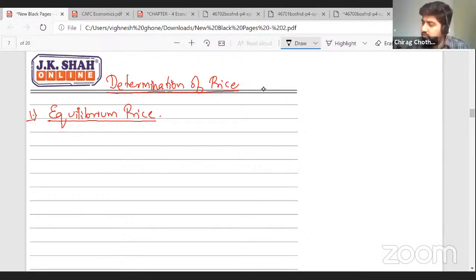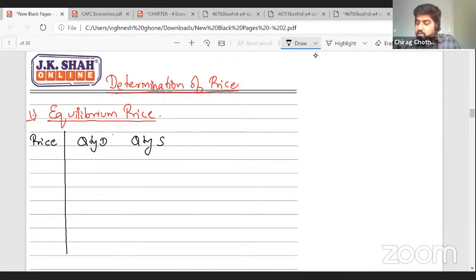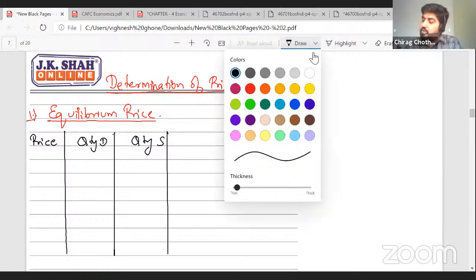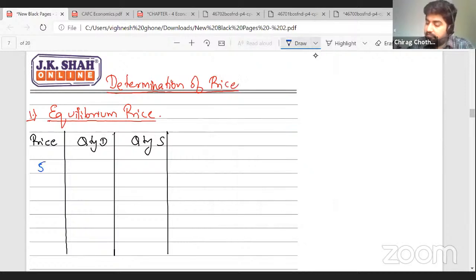Now first of all, equilibrium price. We are going to have first the price here, then we have quantity demanded, and finally quantity supplied. So let's focus on what will be our equilibrium price. Price here, let's suppose we are taking 5, 4, 3, 2, 1.